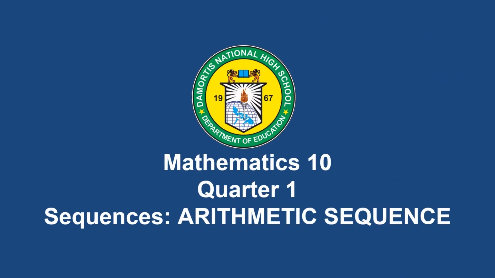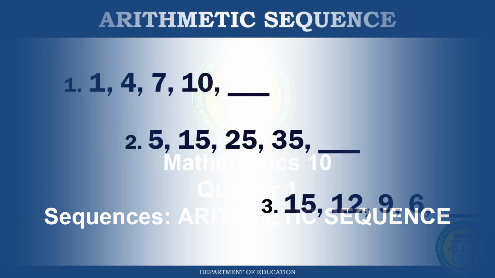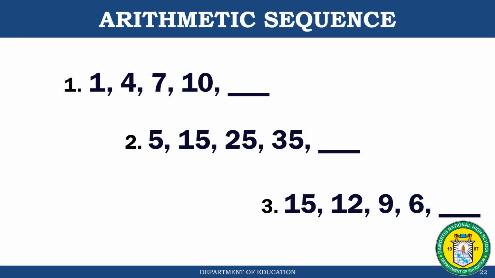Let us now proceed to the first type of sequences, the arithmetic sequence. Let us study each set of numbers and find the last term. For number 1, what will be the answer? Very good. The answer is 13.